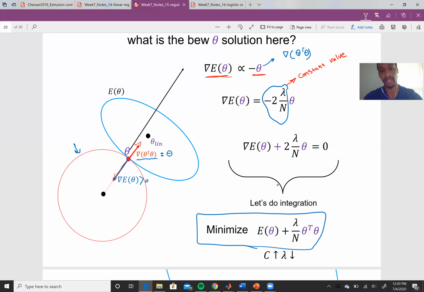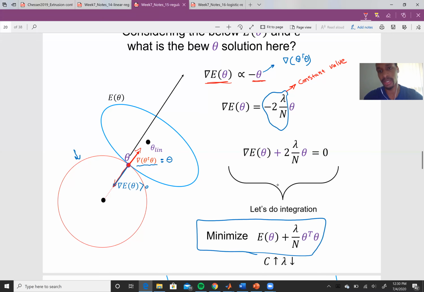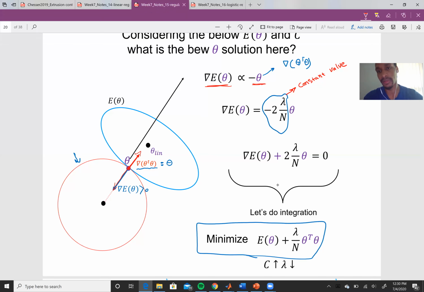If I flip this red line around and scaled it by some proportionality constant, I would get the gradient of E. In this case it's theta, because the gradient of theta transpose theta is proportional to theta 0 and theta 1. So we can just say it's proportional to theta, right?